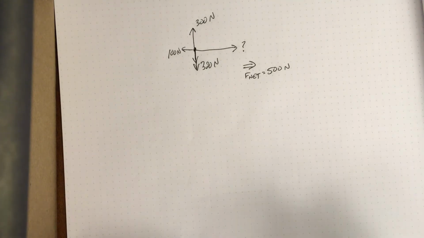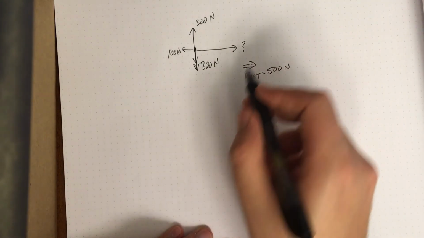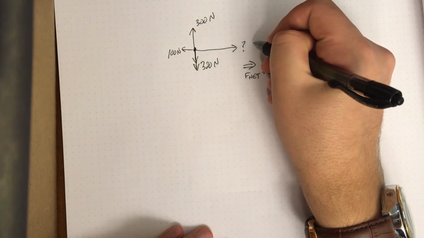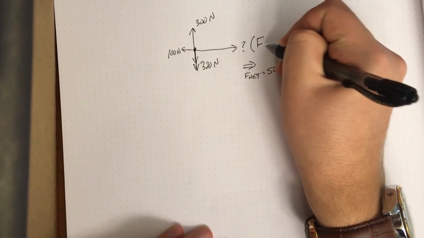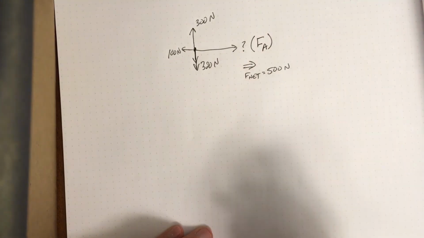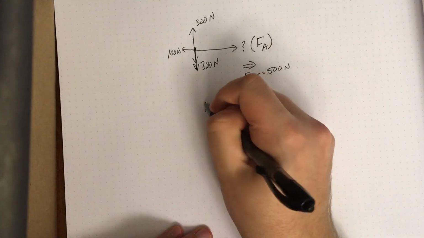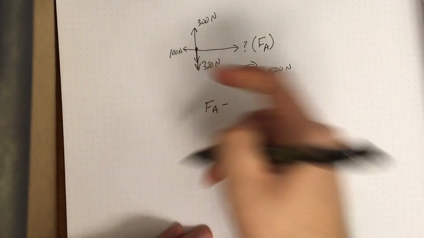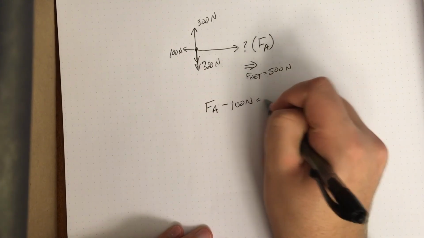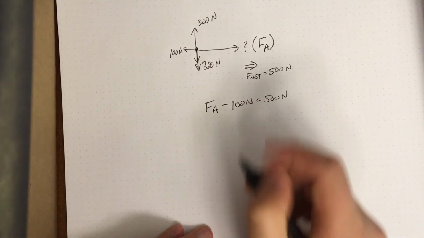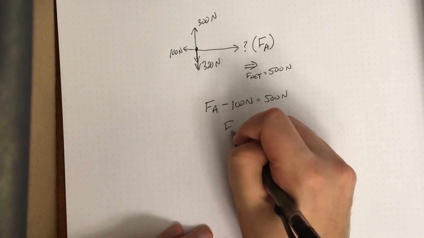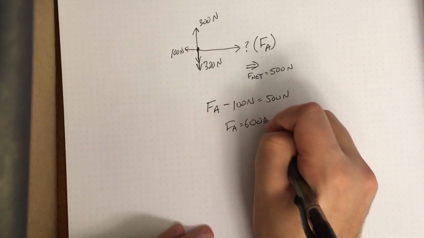Okay, and hopefully you've tried this for yourself and we can see, okay, we want to know this force, which I'll call the applied force. I have to know that the applied force minus friction, which is 100 newtons, has to equal 500 newtons. Add 100 to both sides, the applied force is 600 newtons.